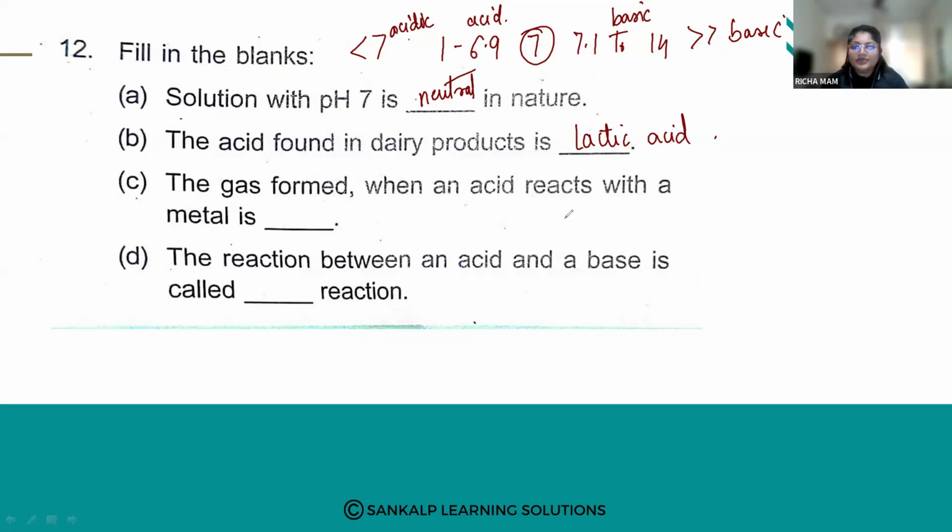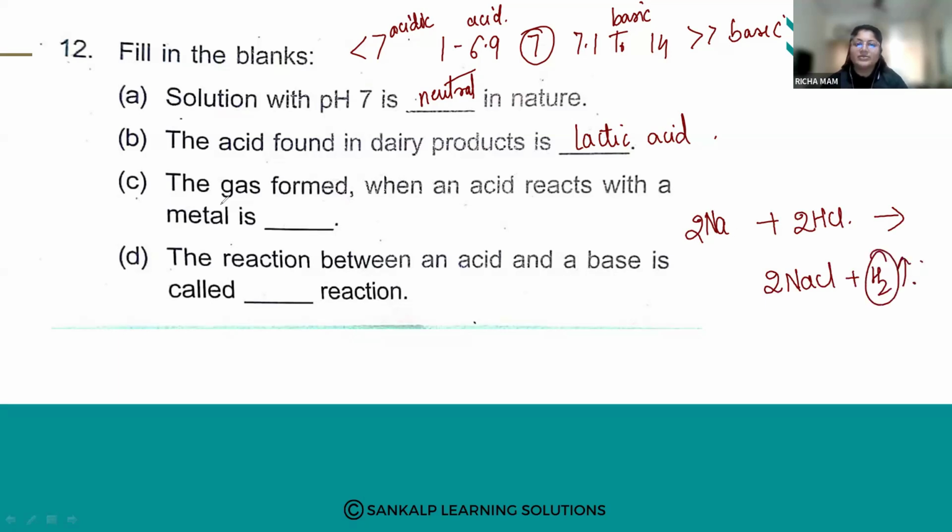The gas formed when an acid reacts with a metal is. So which is the gas formed when an acid reacts with a metal? Suppose I take Na as a metal, and it is reacted with an acid. 2Na plus HCl gives you 2NaCl plus H2 gas.